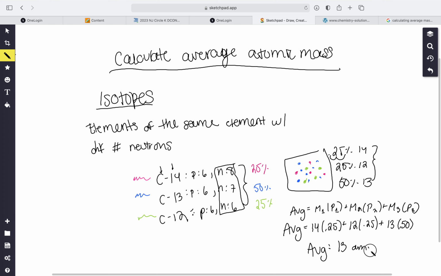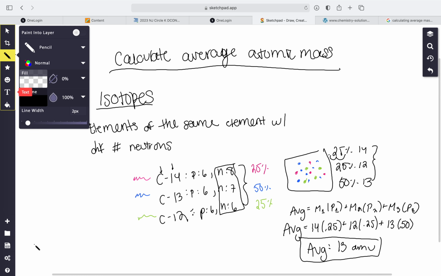This is all in AMU, by the way, so that would be the answer. You're really just using this equation and the amounts you're given to get the average. I'm going to give you guys a practice problem.